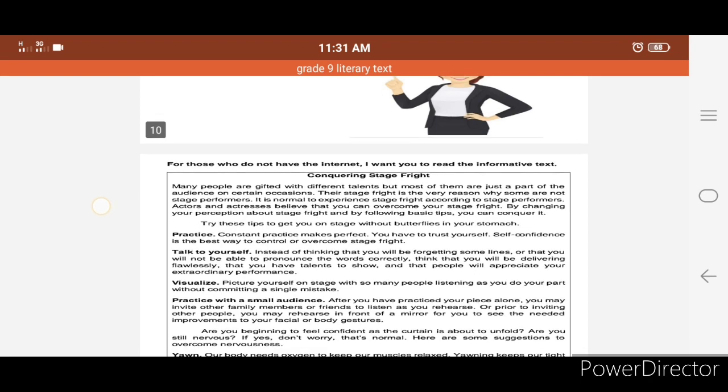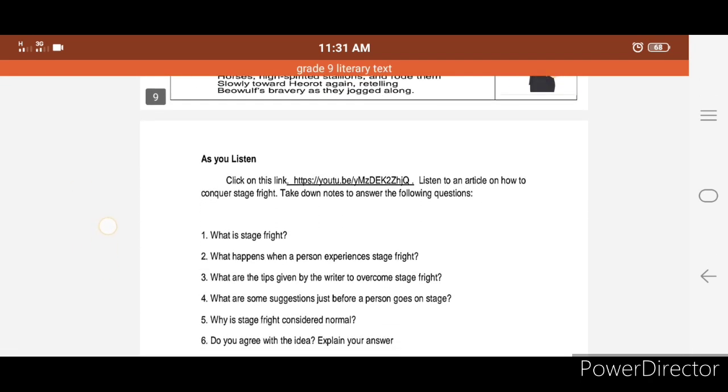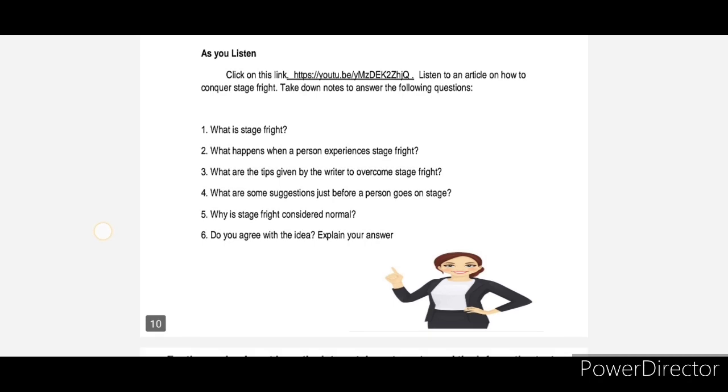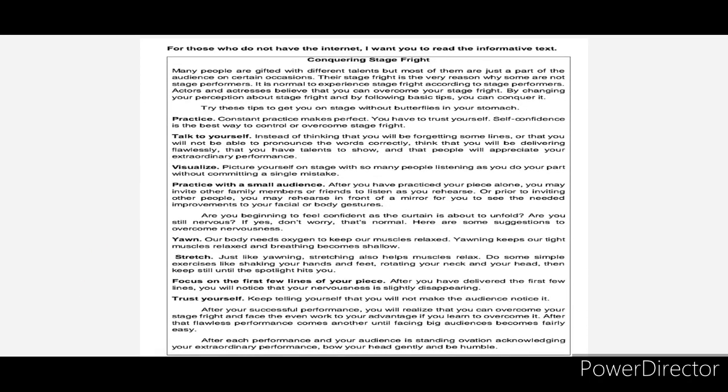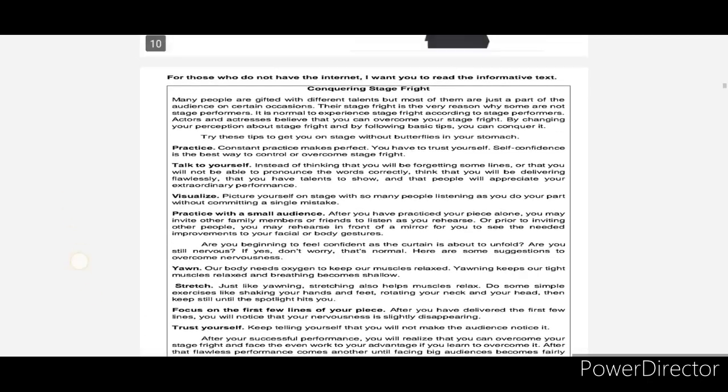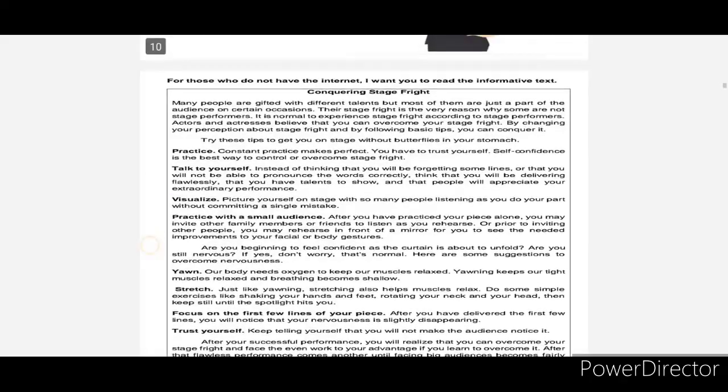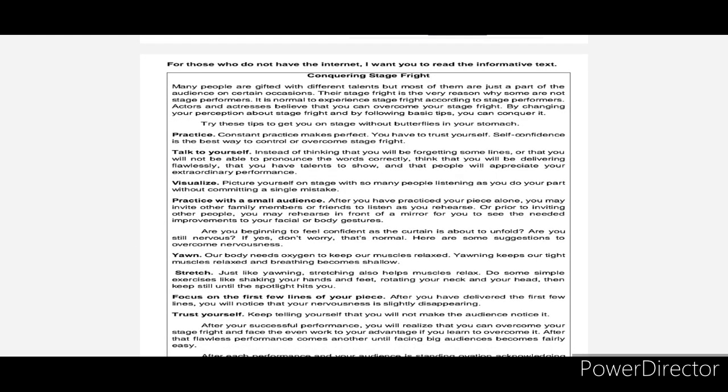Okay, now that you're done with the activity under As You Listen, wherein you have answered the 6 questions regarding the Conquering Stage Fright. Very good. So I would like to commend all of you, dear students, for doing well. So this article is an example of informative text. Why?